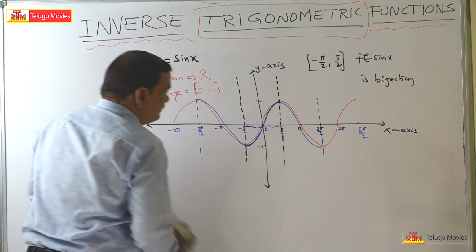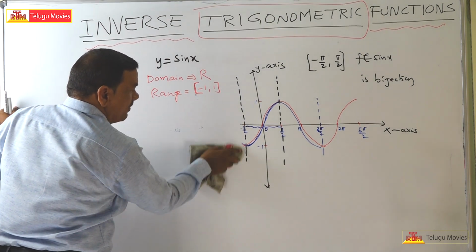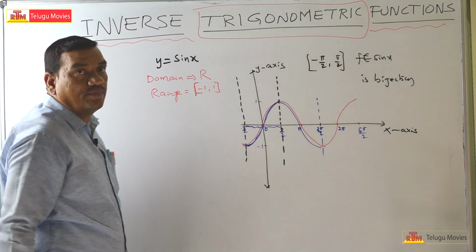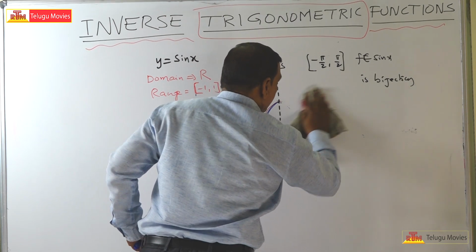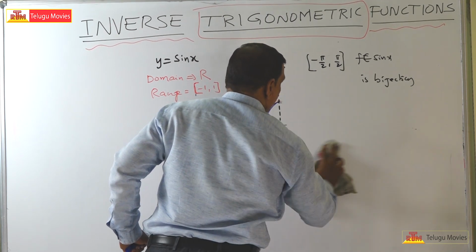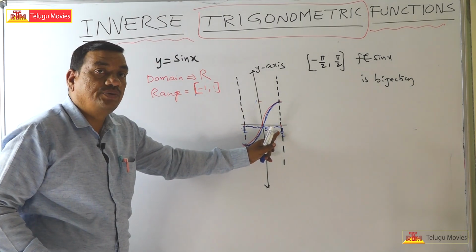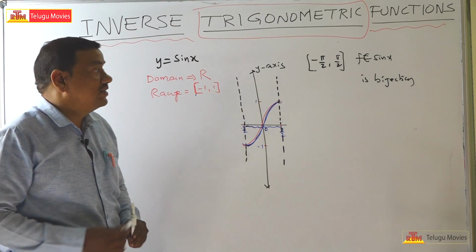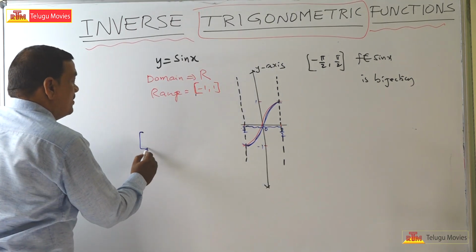So I have removed this domain. So this is the domain. For this part also I removed, and I also removed this part. Okay, now I removed this part. So from minus pi by 2 to plus pi by 2, the function is both one-one and onto. Therefore, the function is defined from what is the now domain?